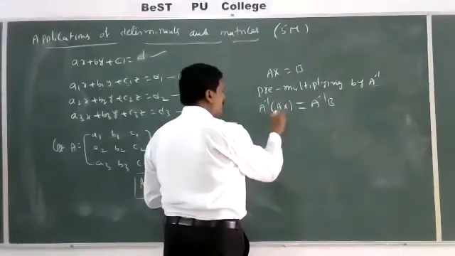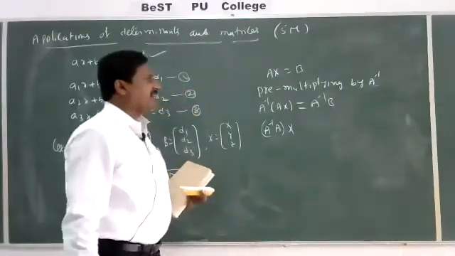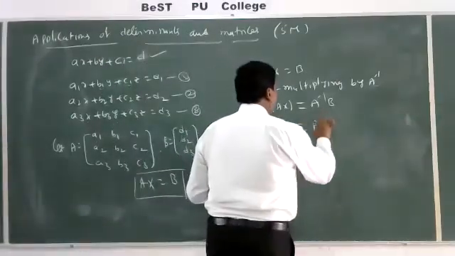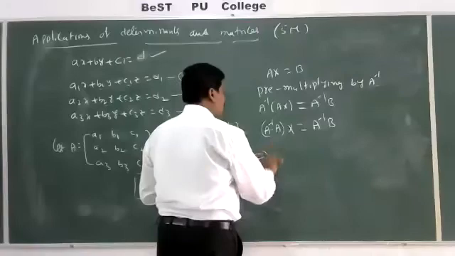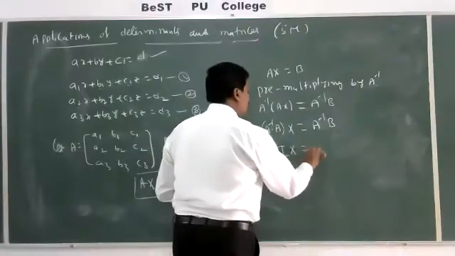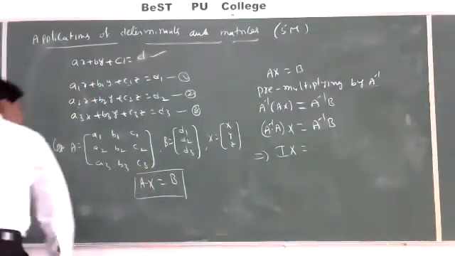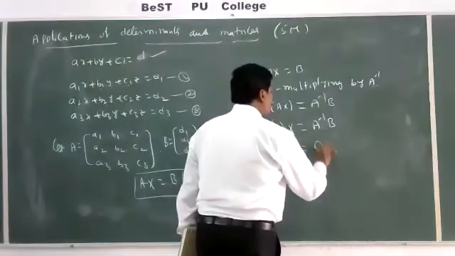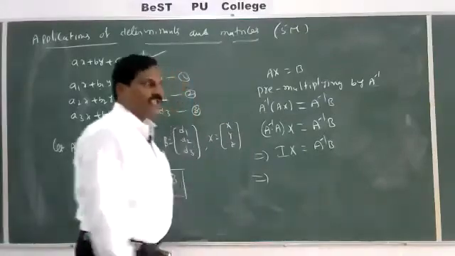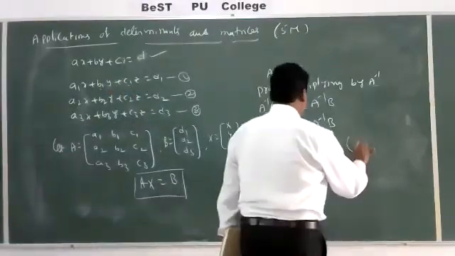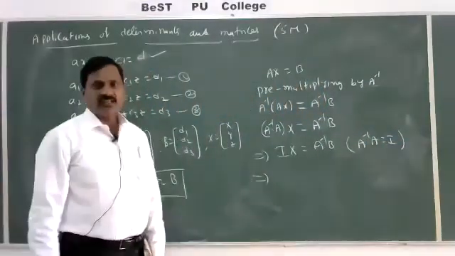By using the associative property, we can write this as A inverse into A into X equal to A inverse into B. Here A inverse into A is considered as I, and A into A inverse is also I, the identity matrix.